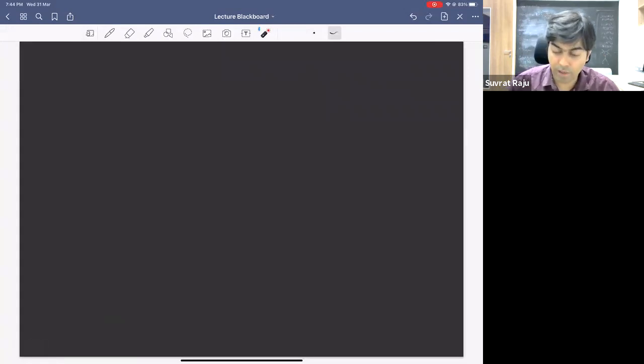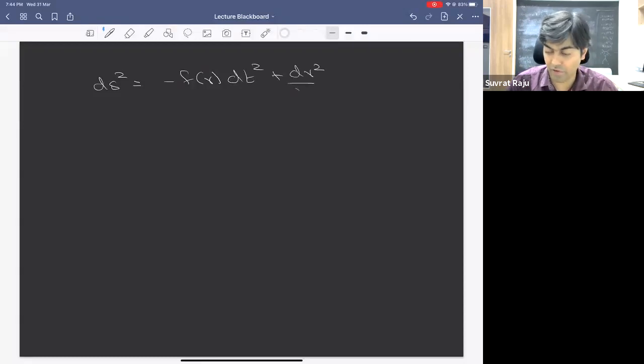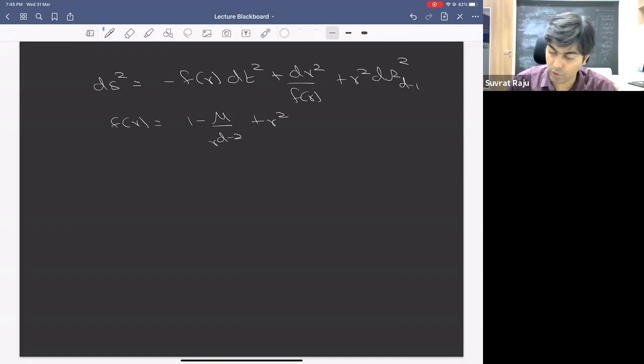Okay, so the eternal black hole is the same geometry that we described, except I'm now not going to put t to infinity. It really is just this metric. It's this metric for all times, where this f of r is what I wrote previously. And there's no t to infinity.